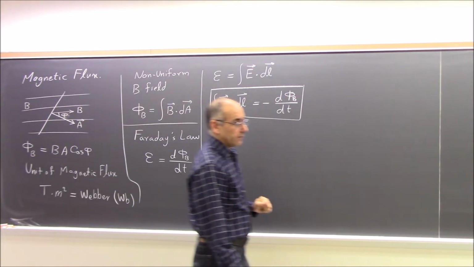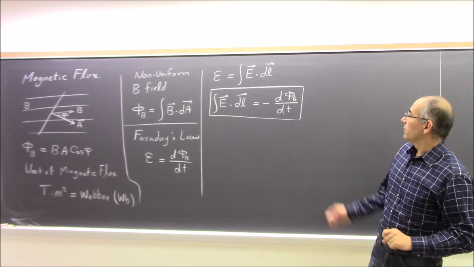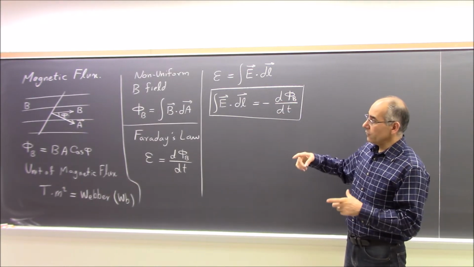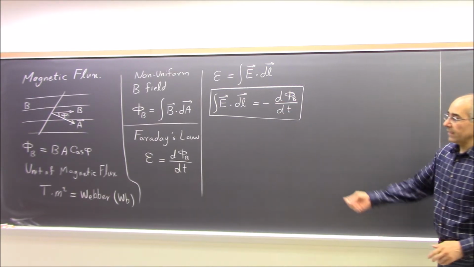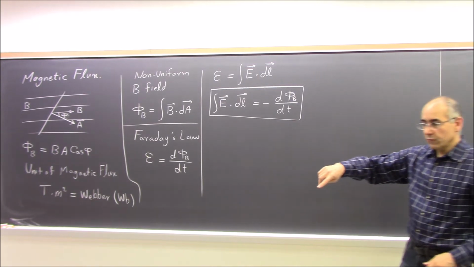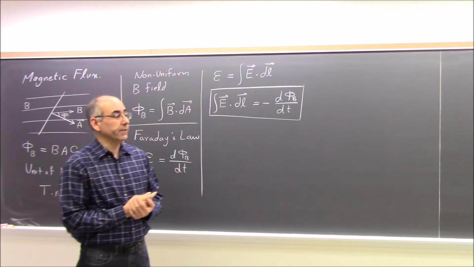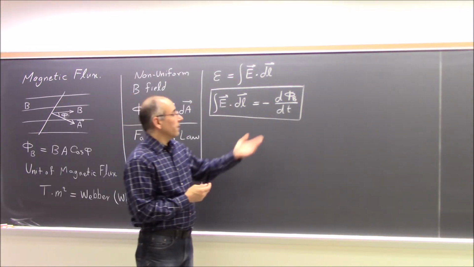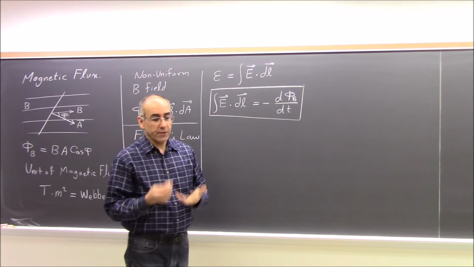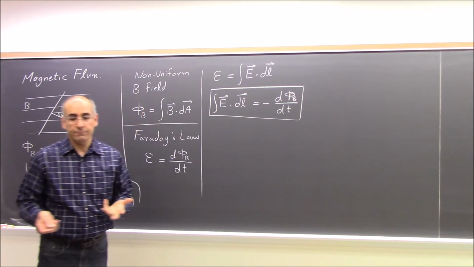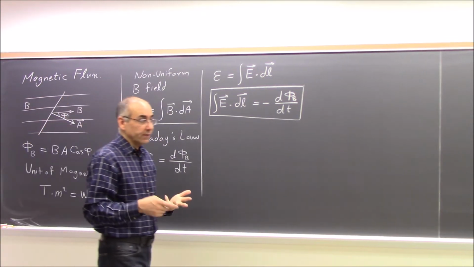So now if you change the flux through the coil, it creates an electric field inside the coil, and that electric field creates the current that you observe here. Right? And this flux that changes can change in many different ways. You can have magnets moving around and changing flux.